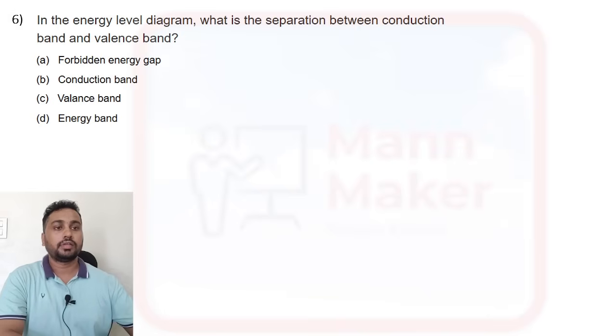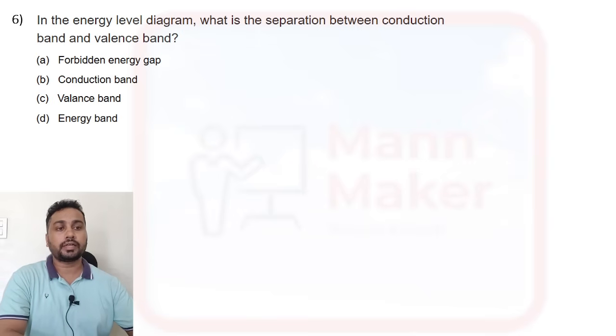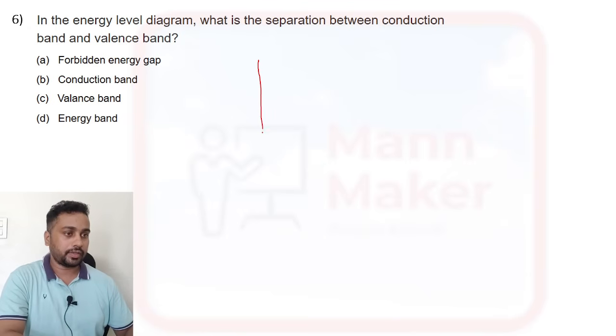Now the next one. In the energy level diagram, what is the separation between conduction band and valence band? They have asked a question about the energy band diagram. So we have the energy band diagram like this.